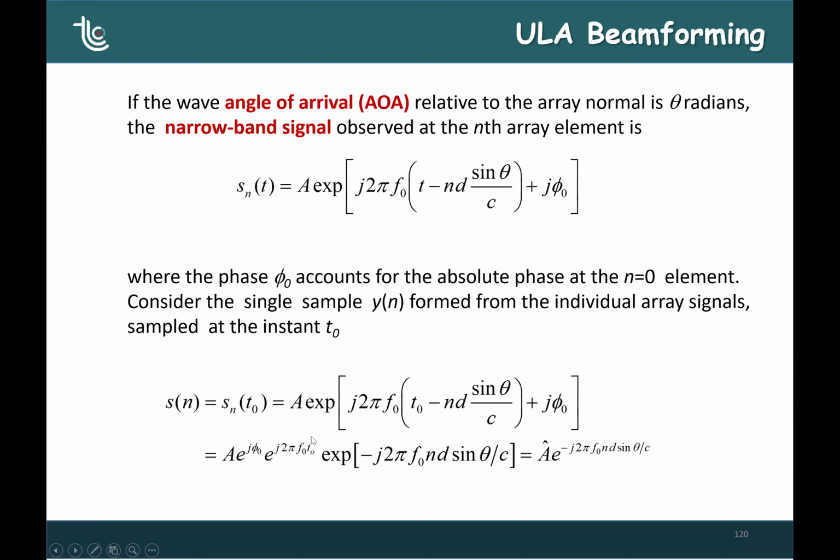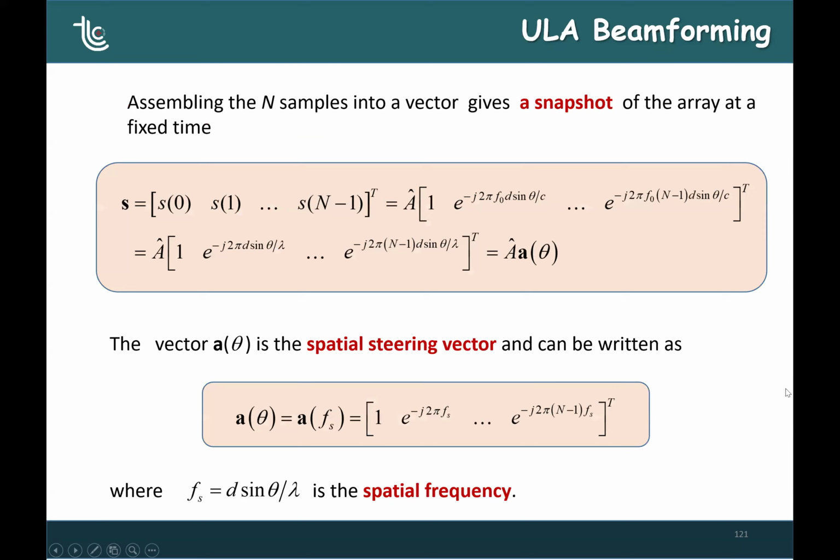And then we have this exponential that takes into account the carrier frequency, again the same for all the elements of the antenna. And we put everything in the complex coefficient a hat, okay? Here, this exponential term depends on d and depends on theta, and that's why it is outside.